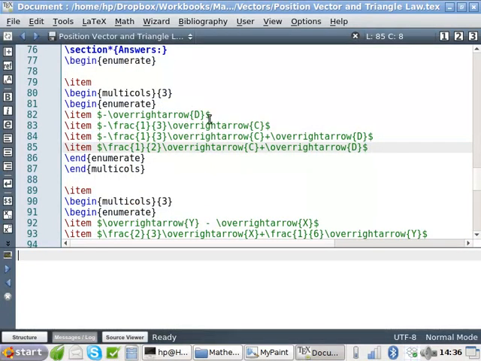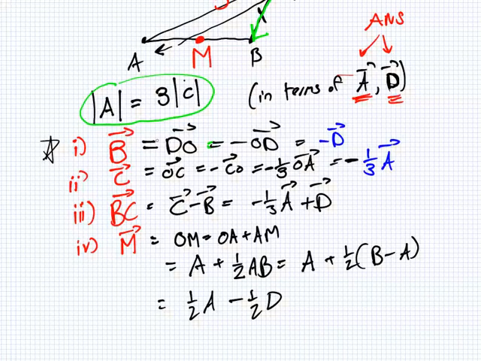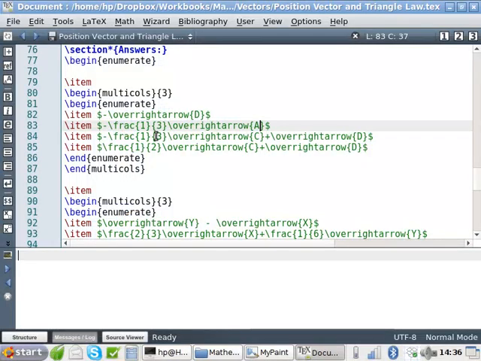The first one was minus D, the second one was minus 1/3 A. What was the next one? Third one, minus 1/3 A plus D. And then the last one I did was a half D, minus half D, minus half A.